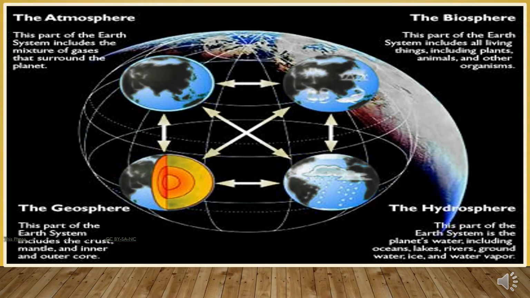Think of them as four interconnected parts that make up a complete system. Environmental scientists use this system to classify and study the organic and inorganic materials found on the planet.